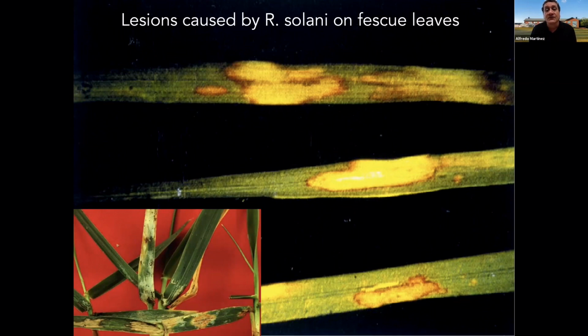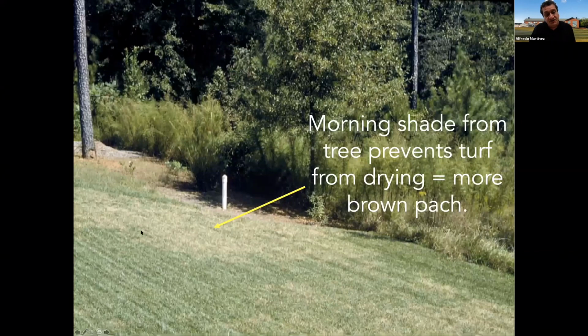In tall fescue infected with Rhizoctonia, called brown patch, we see a lot of lesions that are easier to see than the others. But again, it starts in an area with morning shade from a tree. For example, if you have any area that has some shade and it's about early June or so, you start seeing all these patches.